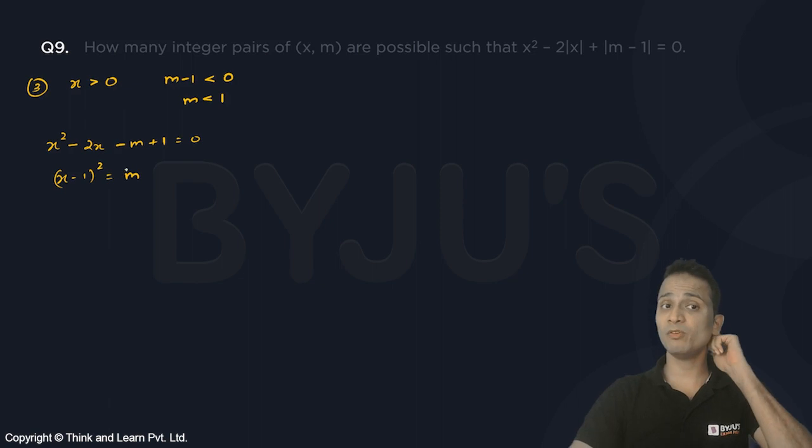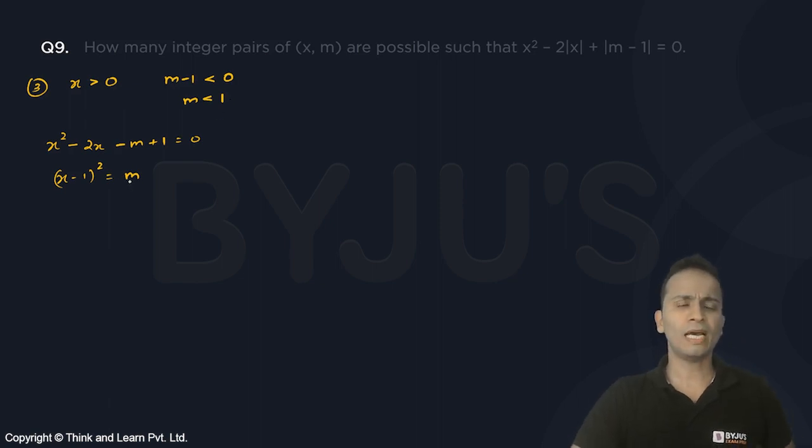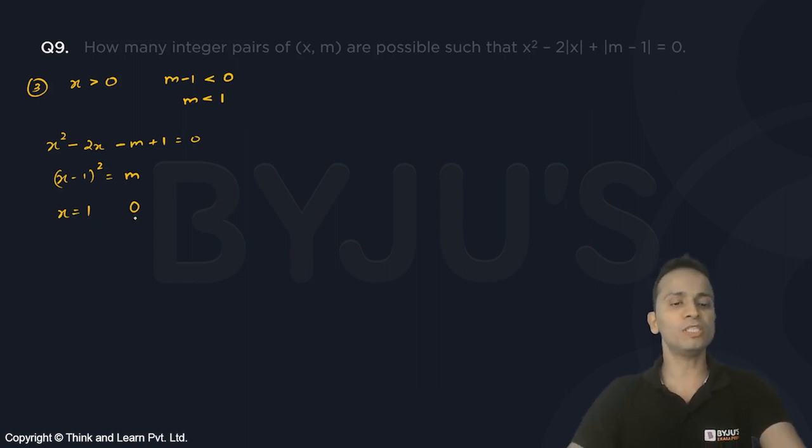Now m will be less than 1, and the left hand side, x minus 1 whole square, cannot be negative. So m can only be equal to 0. If m is equal to 0, the value of x will be equal to 1. So 1 comma 0 will be the fourth solution from case number 3.